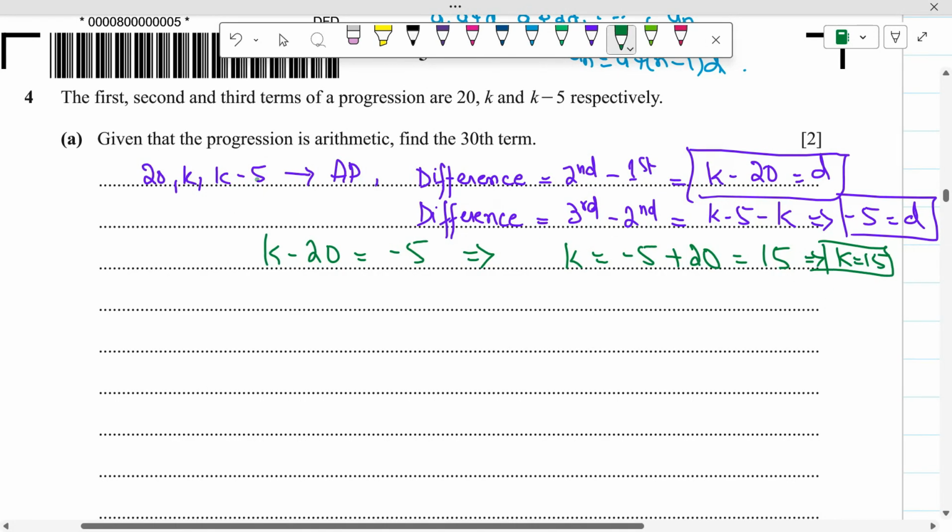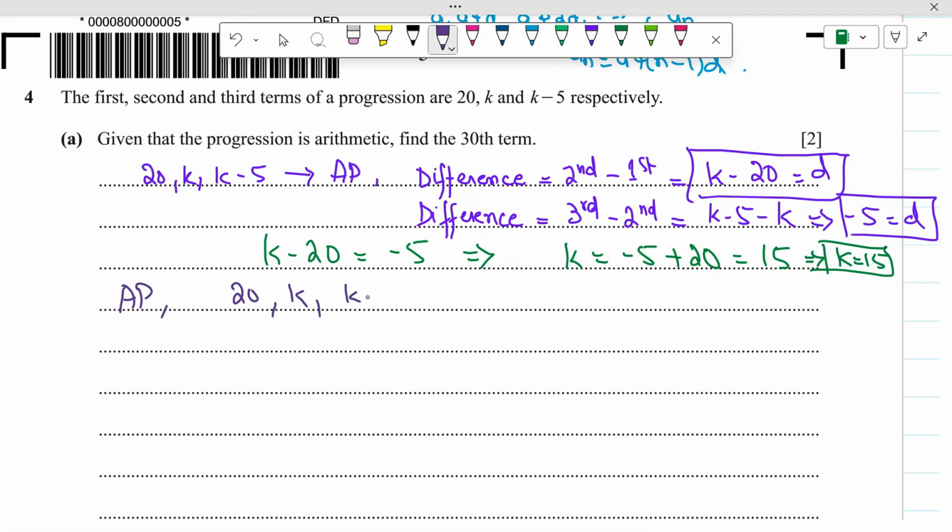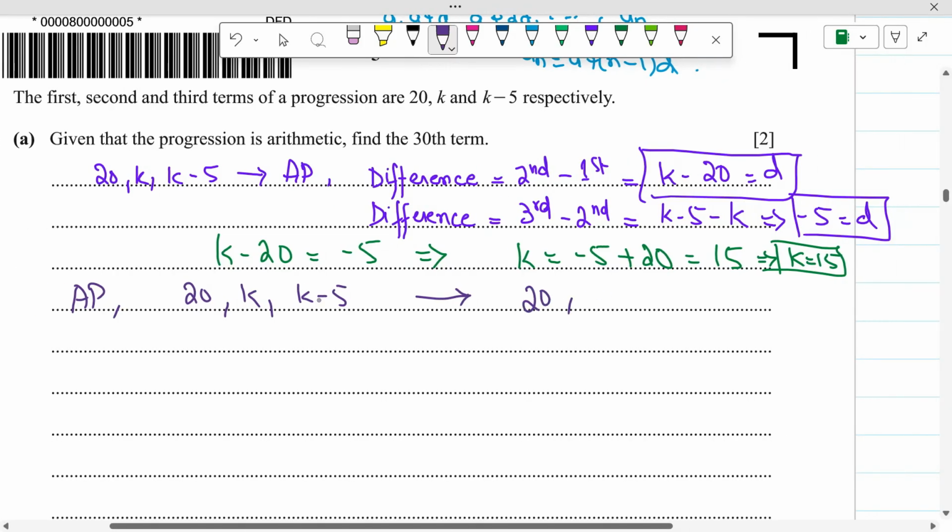Plugging in this k value, we have the arithmetic progression 20, k, k minus 5, which is 20, then k which is 15, then k minus 5 means 15 minus 5, which is 10. So this is the arithmetic progression.